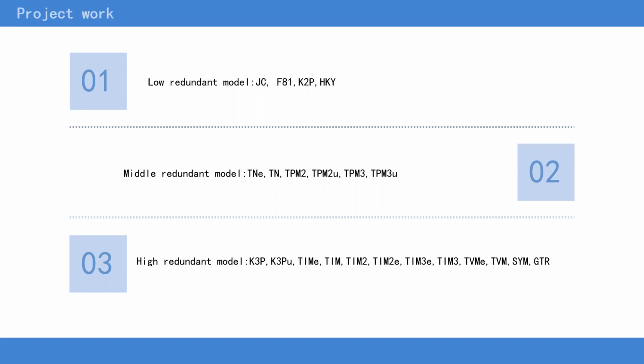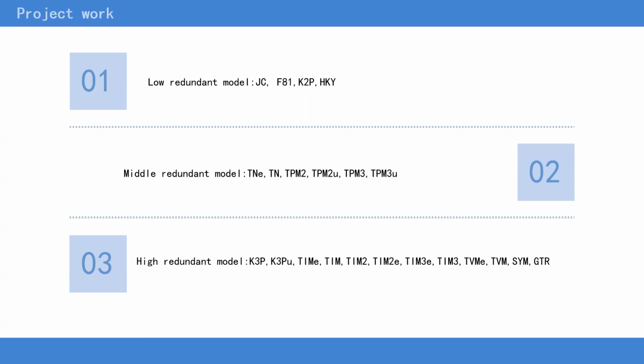It can be seen that JC, F81, K2P, and HKY are considered as models with low redundancy, and TNe, TN, TPM2, TPM2u, TPM3, and TPM3u are considered as models with medium redundancy. K3P, K3Pu, TIMe, TIM, TIM2, and so on, and GTR are considered as models with high redundancy.